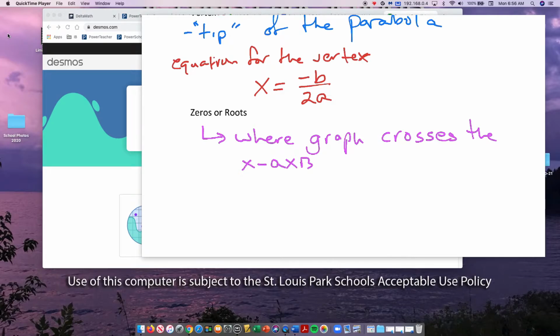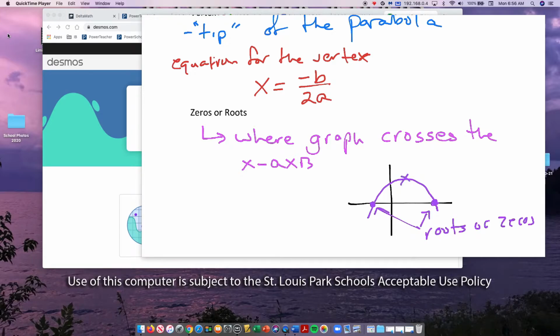If you have a parabola with axes, I haven't drawn them yet, but if you have a parabola where you cross here, these two things right there are the roots or zeros of that parabola.